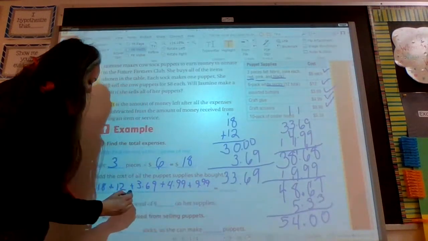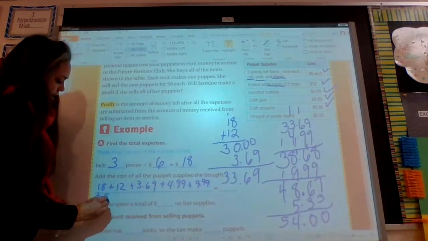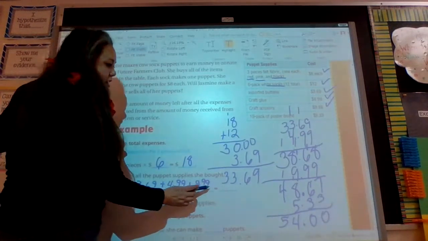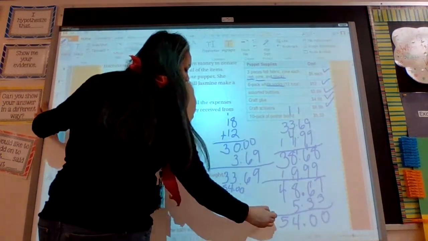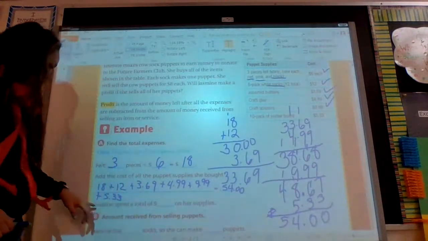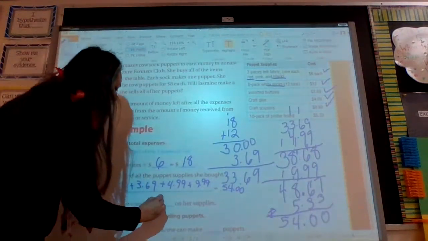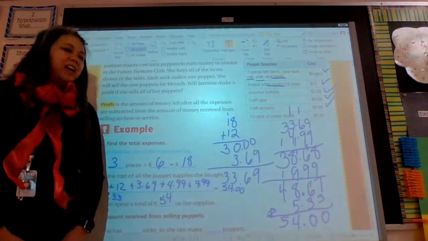Oops, I'm not quite done, plus $5.33, and all of that equals $54. Okay? So, Jasmine spent a total of $54 on her supplies.